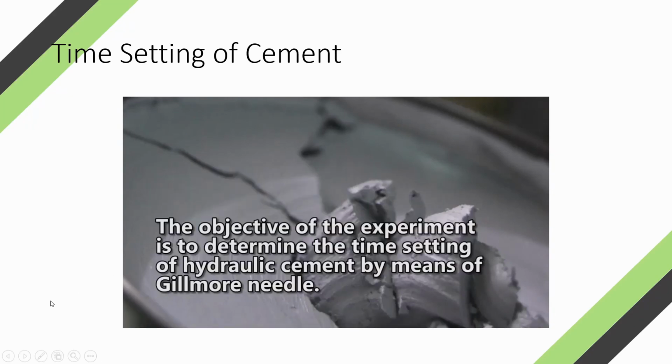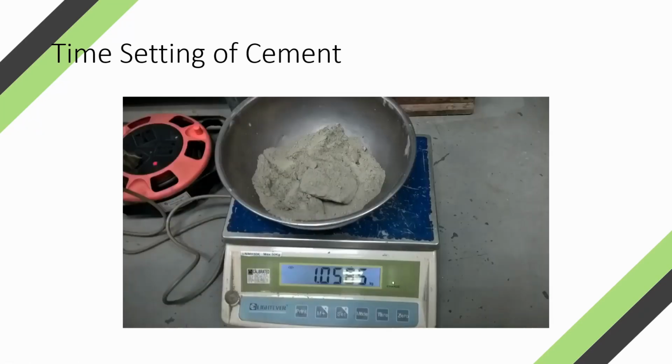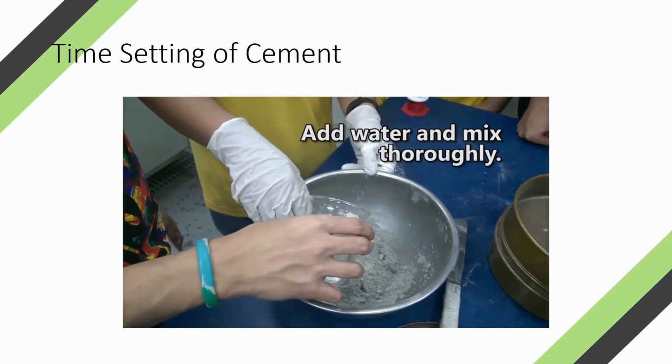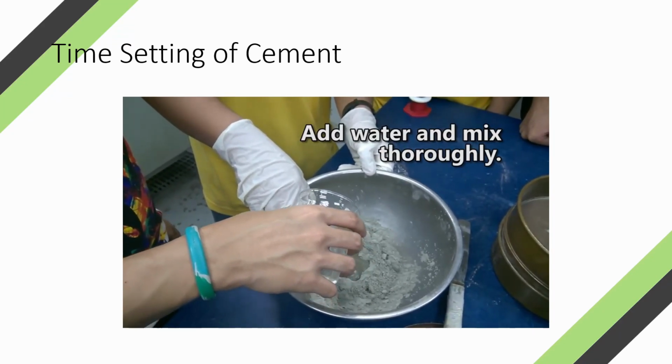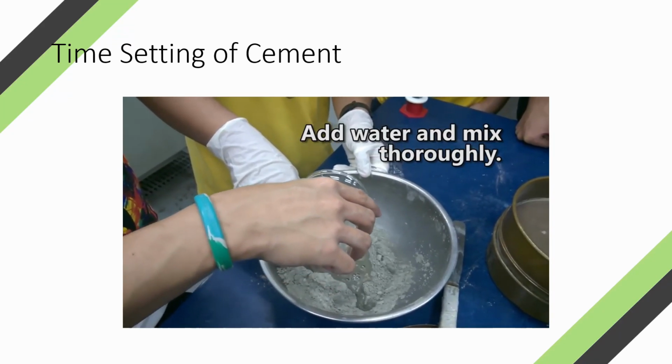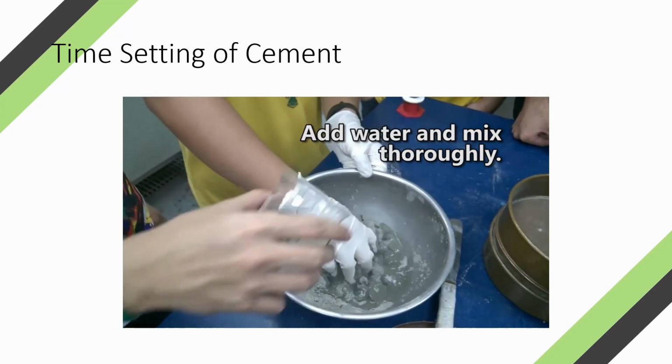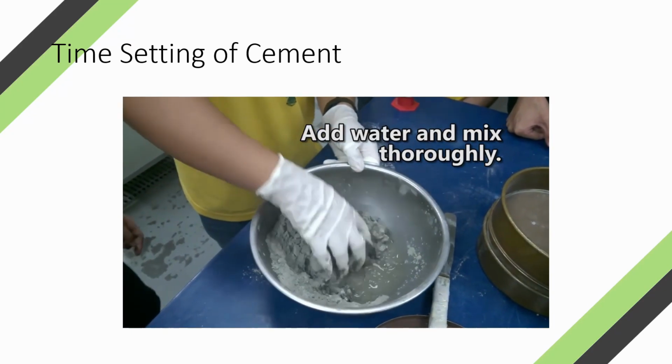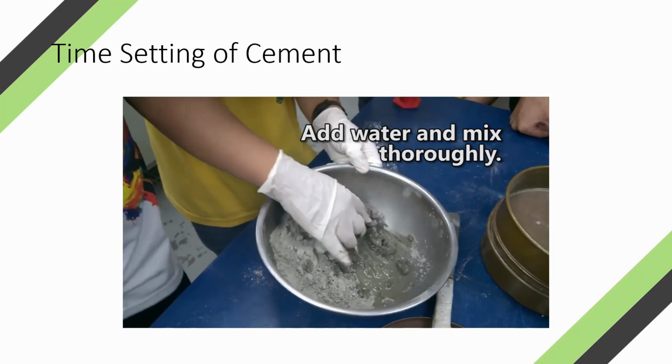So, in-off ko yung sound para hindi maano sa YouTube. So, yung amount ng tubig na ginamit dito is yung normal consistency. Same lang din sa pag-test sa Vicat needle.